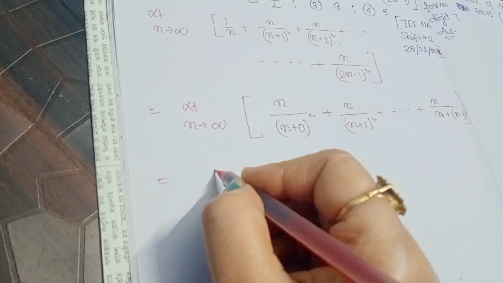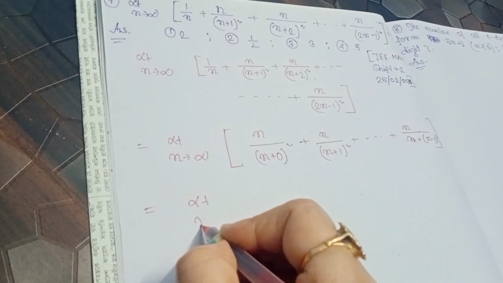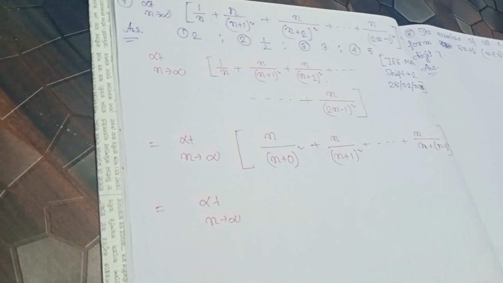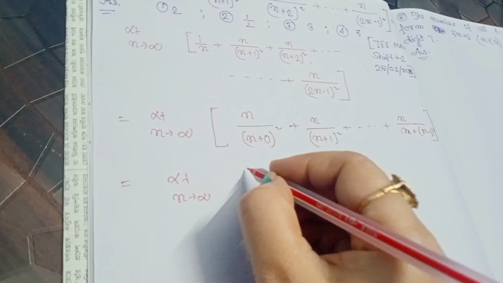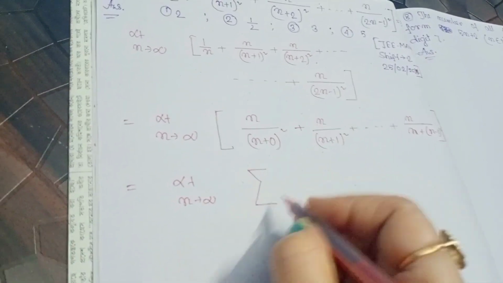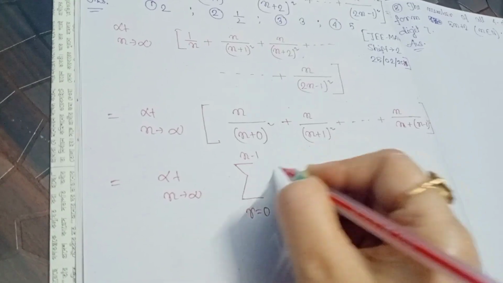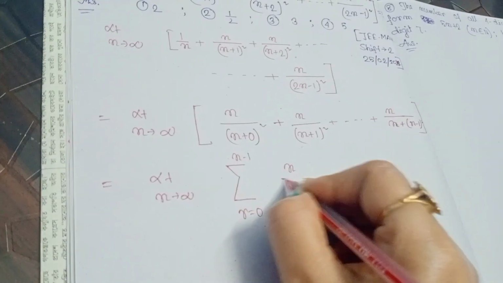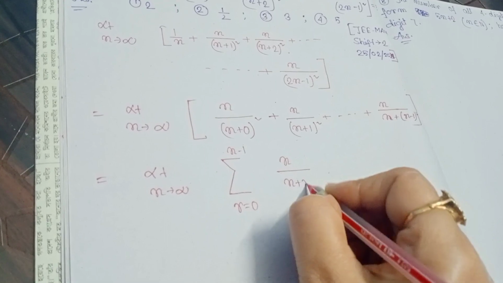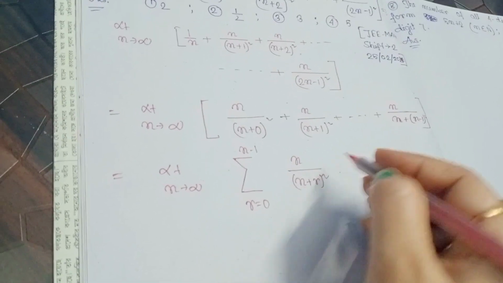So that is equal to the limit n tends to infinity of the summation r equal to 0 to n minus 1 of n by (n plus r) whole square.